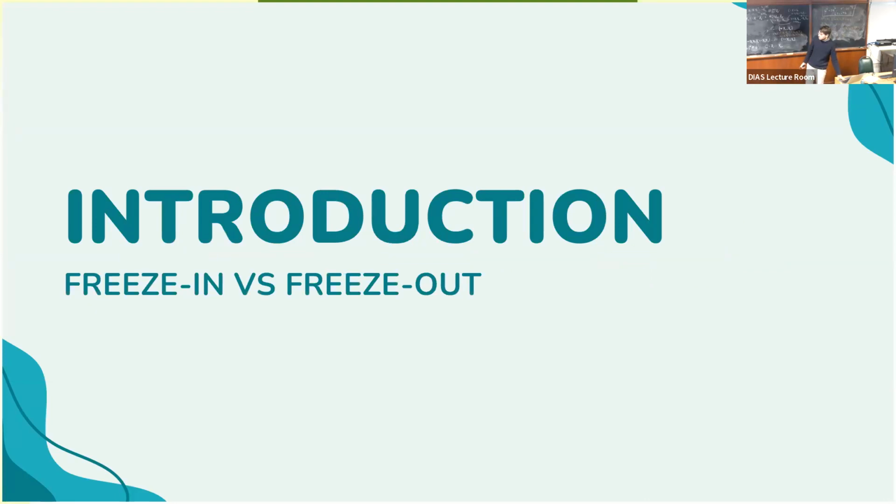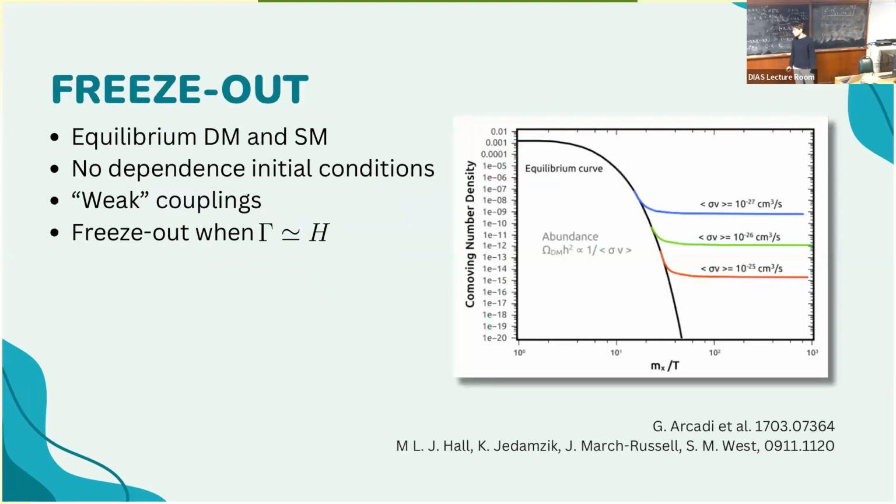Okay, so let's go with the introduction. You're probably familiar with freeze-out already, but just to review it a little bit, this is the standard production mechanism for dark matter. On this axis we have the mass of the dark matter over the temperature, so the evolution of the universe goes this way.